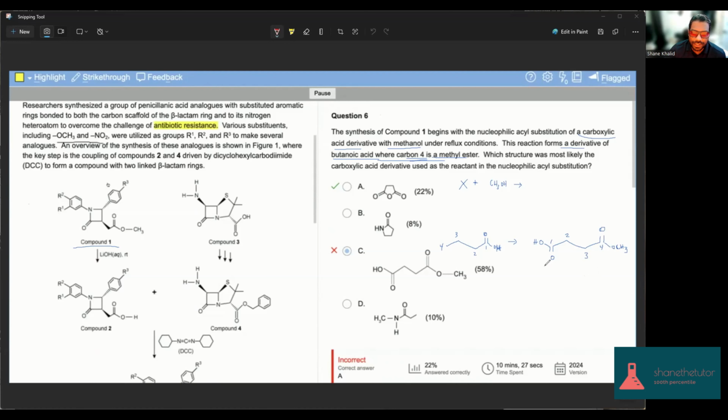So this actually is this derivative product. Our product won't be compound one, since they mentioned that this just begins with this step, but it'll be some intermediate of compound one that we shouldn't be focused on too much. However, we know that another product will be this compound, so you can just draw that again here.